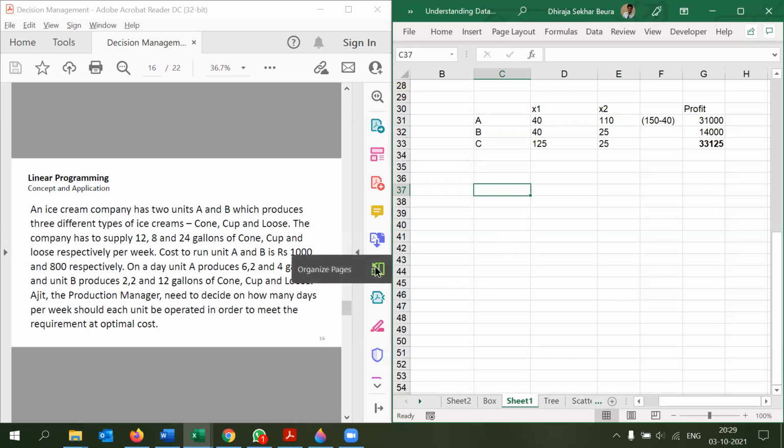Gallons of cone, cup, and loose respectively per week. Cost to run unit A and B is 1,000 and 800 respectively. Can you tell, is it objective or constraint? It's an objective. Why?